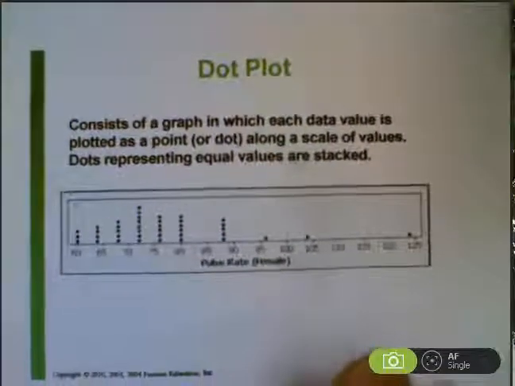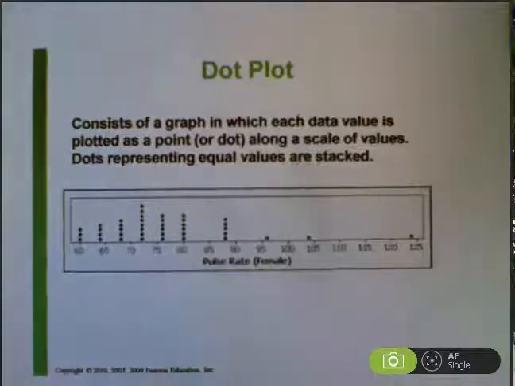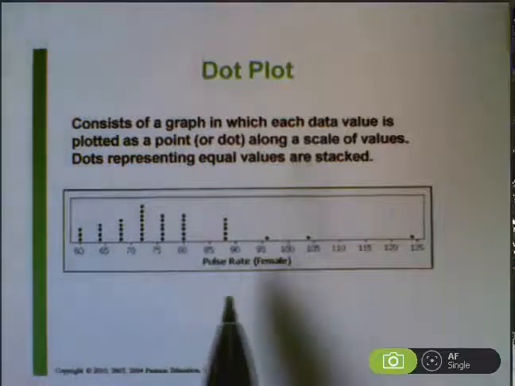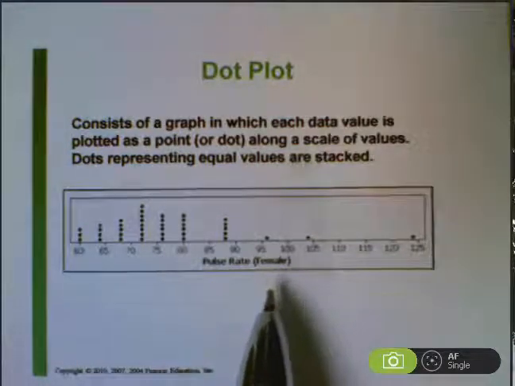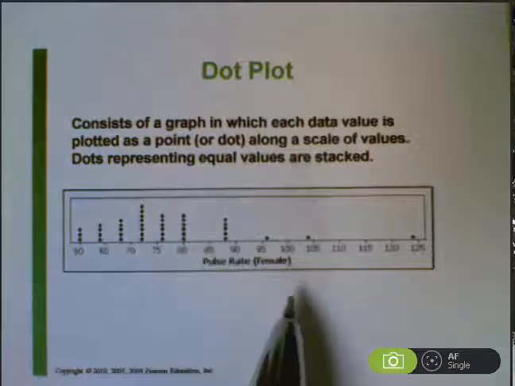A dot plot consists of data which is stacked along a scale of values. Dots represent equal values that are stacked. So this is the same information, the data from the pulse rates of females.